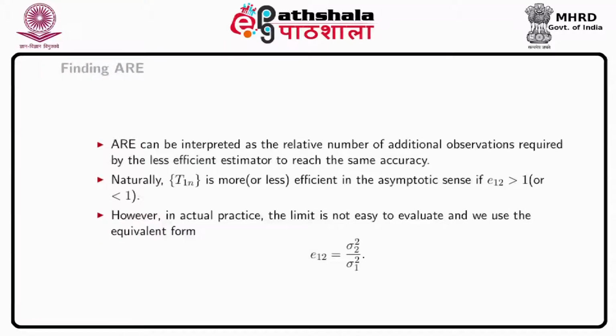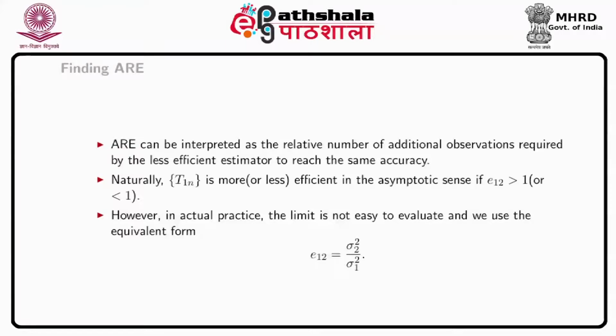Thus, ARE can be interpreted as the relative number of additional observations required by the less efficient estimator to reach the same accuracy. Naturally, T1n is more or less efficient in the asymptotic sense if u12 is greater or less than 1.